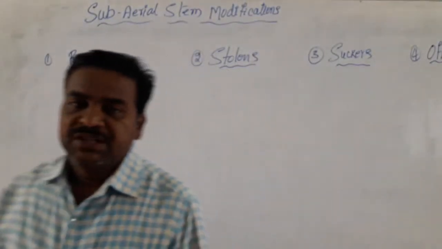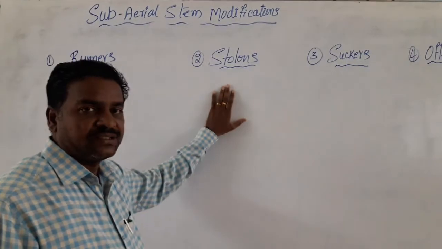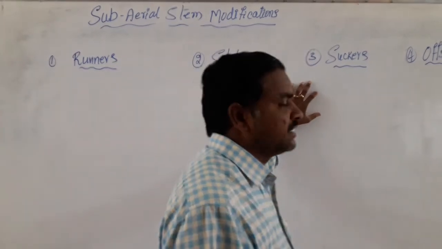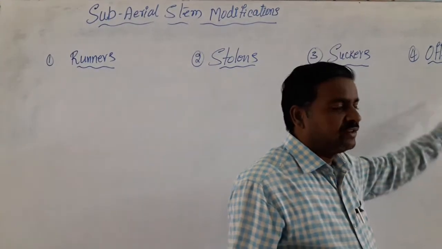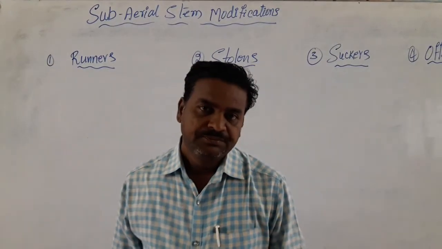And fourth and last subaerial stem modification, offsets. In this way, there are a total of four types of subaerial stem modifications: one is runners, second is stolons, third is suckers, and fourth is offsets.